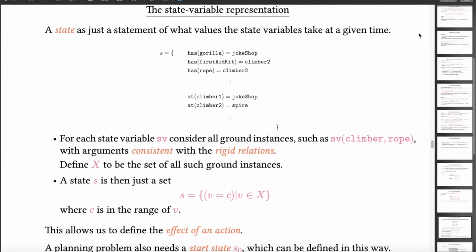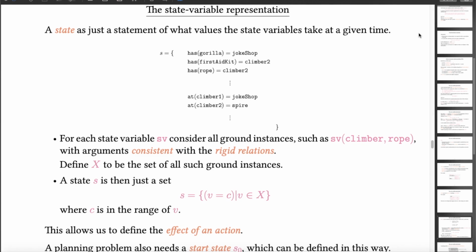So a particular state of the world may tell you that the joke shop has the gorilla, where we've now suppressed the argument s in the has function, because we're now assuming that that's implicit. And also that climber 2 has the first aid kit, climber 2 has the rope, climber 1 is at the joke shop, climber 2 is at the spire, and so on. A state is just a complete exhaustive definition of each of these state variables in the form of a function.